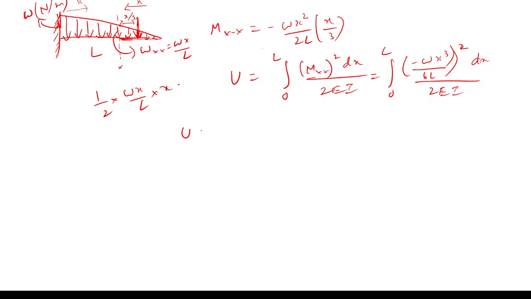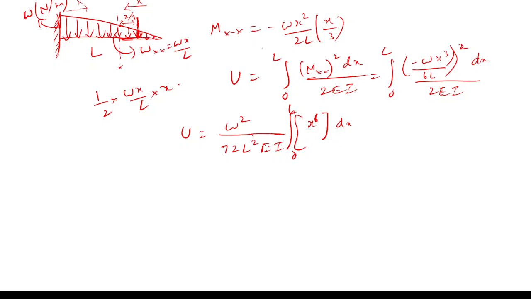Simplifying, negative becomes positive, w square divided by 36 L square, into 2, 72 L square EI, into x cube the whole square, so x power 6 dx, integrated from 0 to L.